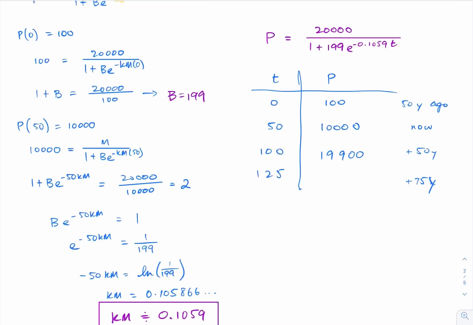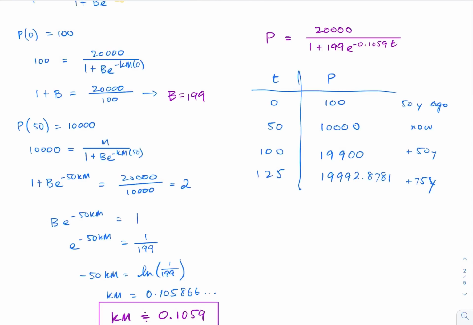I thought that might have been 19,990 actually, but I've written this down on my sheet of paper, so you can do that on your calculator and see. And 125, 19,992.8781. Now, of course, you'd round that, but that's not the point I want to make here.